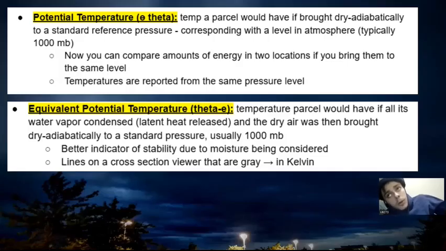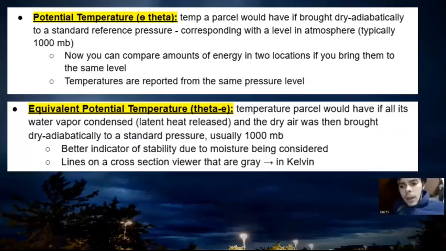So maybe we have a given temperature, but we might increase or decrease it to get to the potential temperature, to show what it would be like at a similar level as another location. And that's how we're able to determine potential energy to an extent.